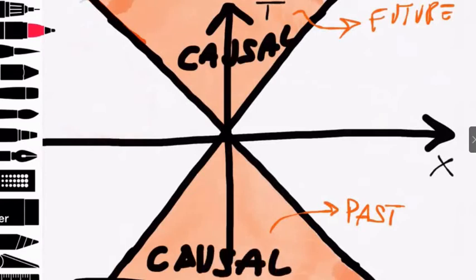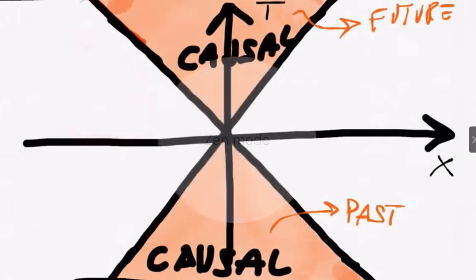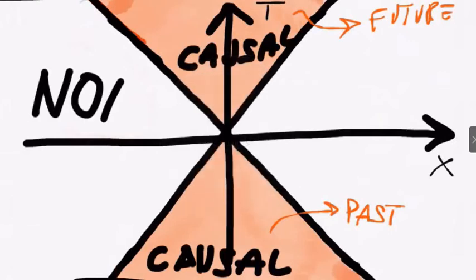And because nothing can move faster than the speed of light, at least not in our universe, these white areas are non-causal.